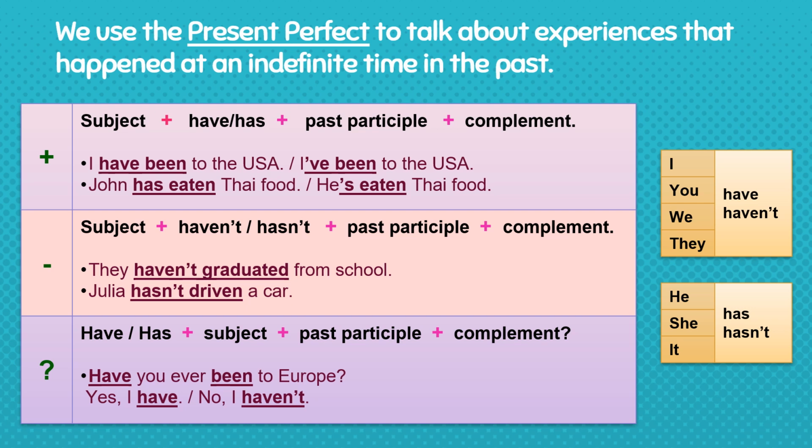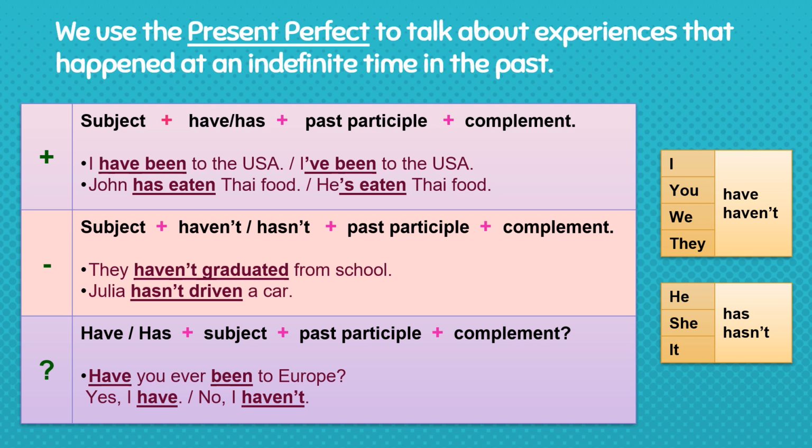For example, I have been to the USA, or the contraction, I've been to the USA. John has eaten Thai food. He's eaten Thai food.